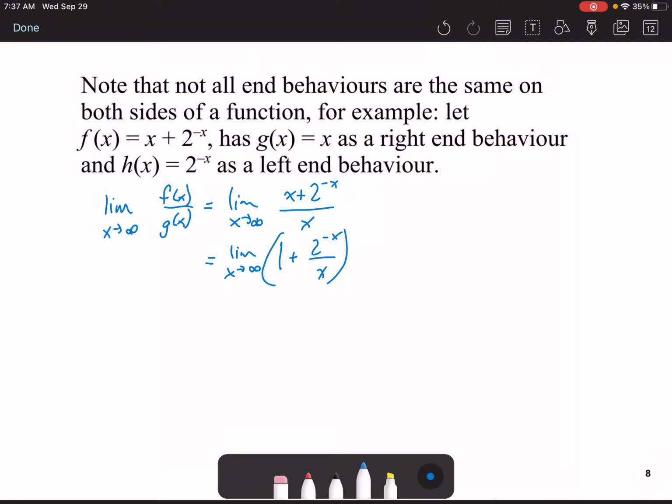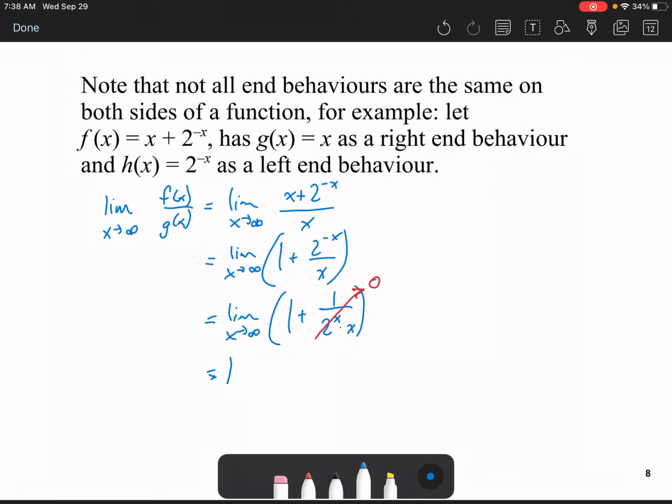I'm going to put brackets around that so I know that the limit applies to both of it. So I'm going to rearrange this: limit as x approaches infinity, just for my own brain how it works, I'm going to put the 2 to the exponent x times the x in the denominator. So as x gets really, really large, you're going to see that this value right here tends towards 0. So this limit turns out to be equal to 1, which is exactly what we want to see.